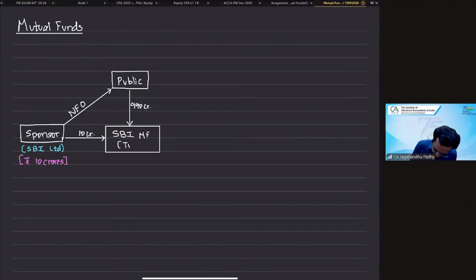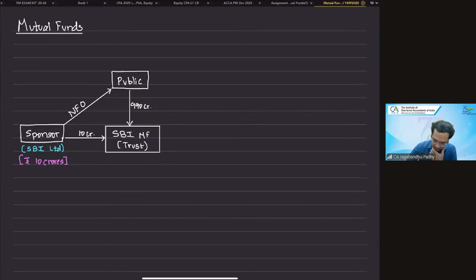And this entity is going to be established as a trust. You can't establish this as a partnership or anything. You have to establish it as a trust, because when you establish it as a trust, you are being entrusted with the responsibility of looking after this 990 crores which belongs to the public.